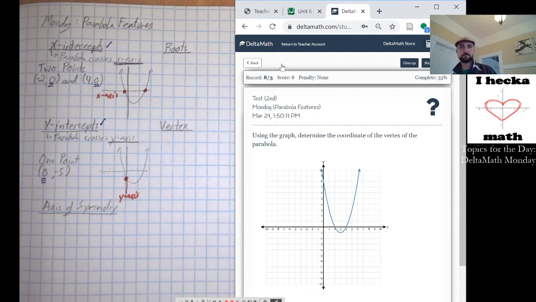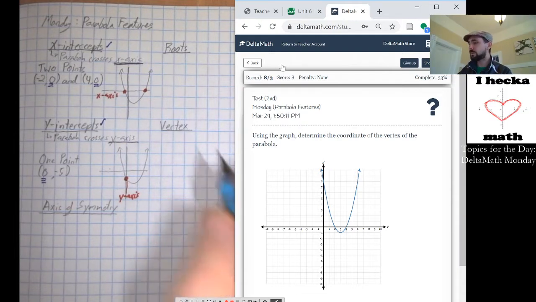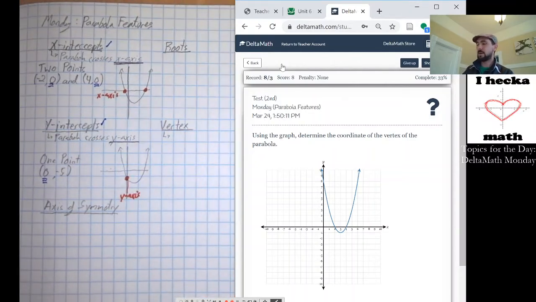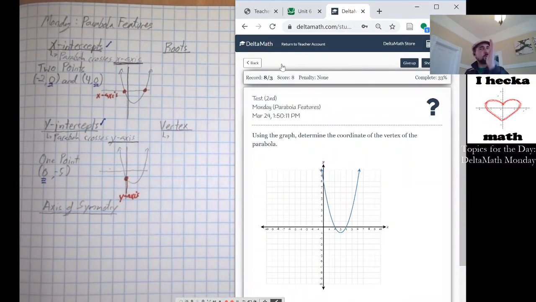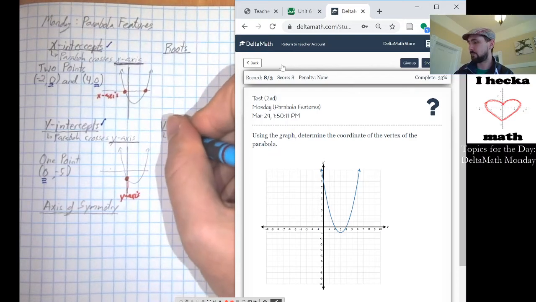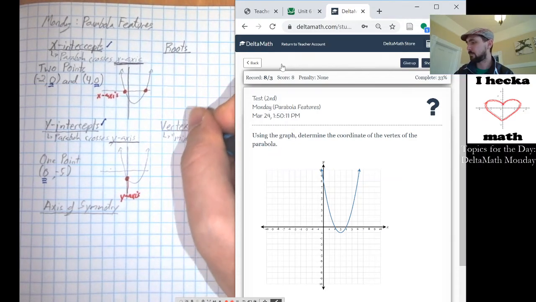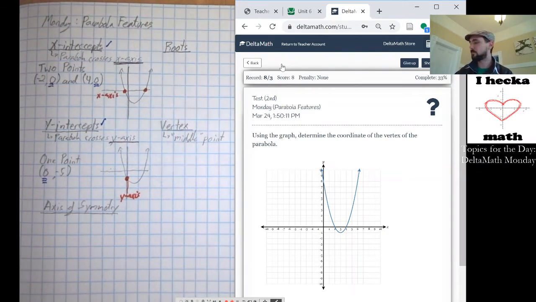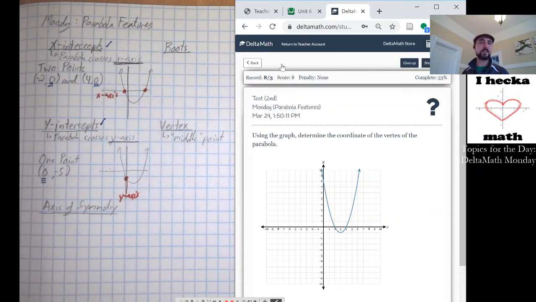Vertex, perfect. Okay, so the vertex is, I would say, like the middle point of the parabola. Middle point. And this is not precision language either, because when we talk about the vertex, we're going to talk about the vertex in lots of different ways, depending on the style of parabola we're looking at, right?